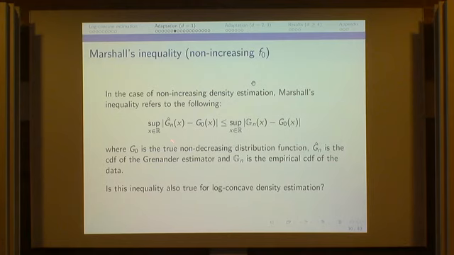Everything was written in G because in this case G0 is a non-increasing density, and capital G0 is the true non-decreasing distribution function, and Gn hat is the CDF of the MLE, which is the Grenander estimator, and double bar Gn is the empirical CDF of the data. So this is the original Marshall, and our question is, can we prove a similar inequality for log-concave density estimation?